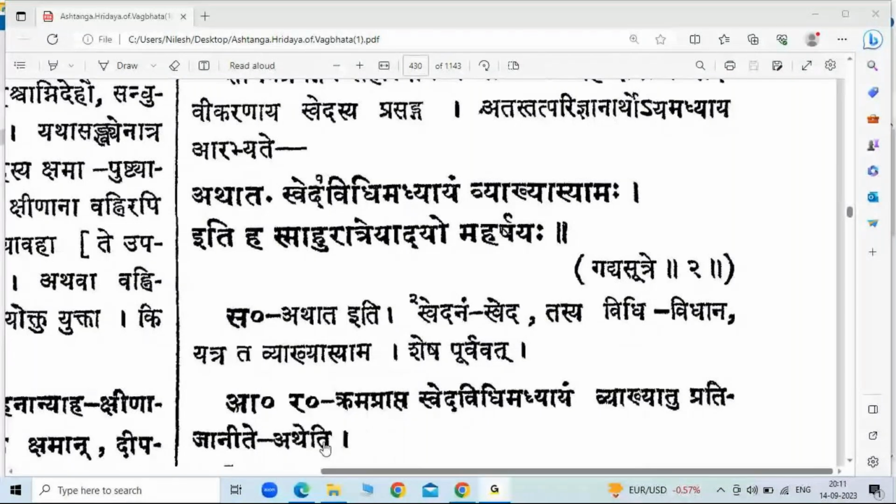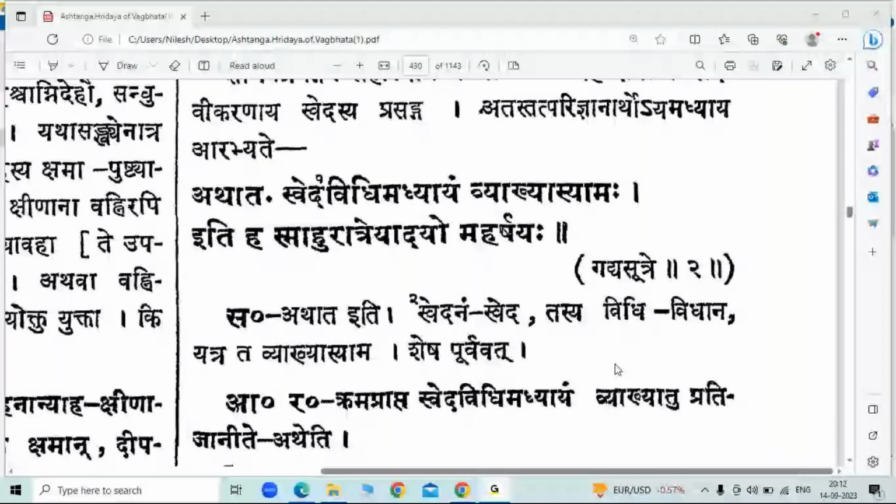So that fourfold division of the Sweda is Tapa, Upanaha, Ushma, Drava Bhedad. So these are the fourfold division of the procedure or the treatment called Sweda.